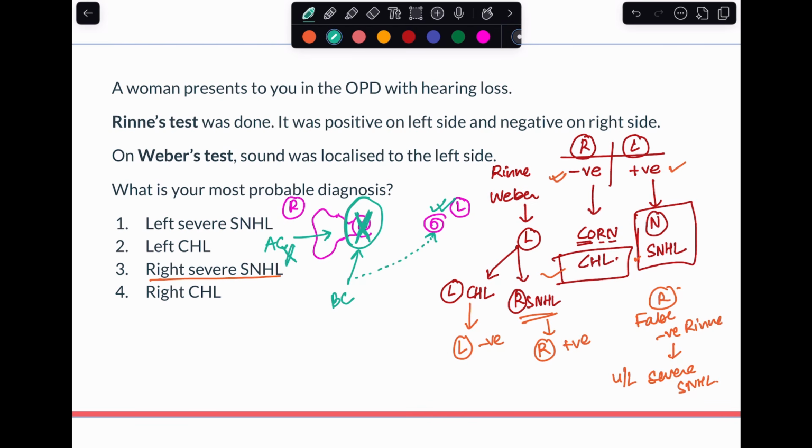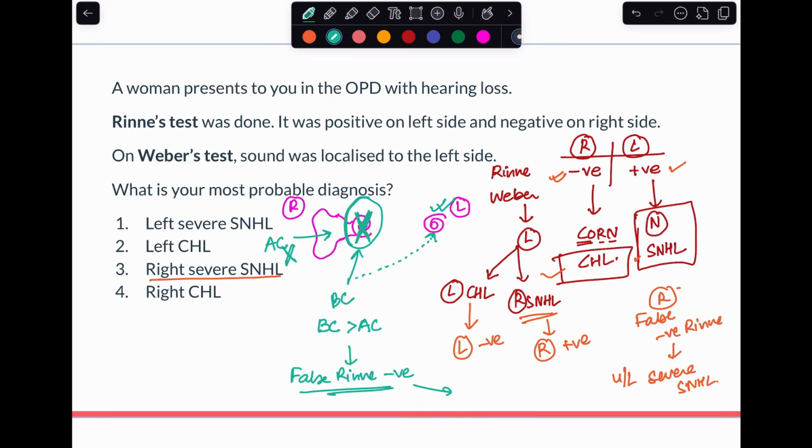So bone conduction ends up being better than air conduction in this case. Because bone conduction is better than air conduction, this is our typical Rinne negative. But this is a false result because the bone conduction was not perceived by the same side, it was perceived by the opposite side. That is the reason why we call it a false negative Rinne.